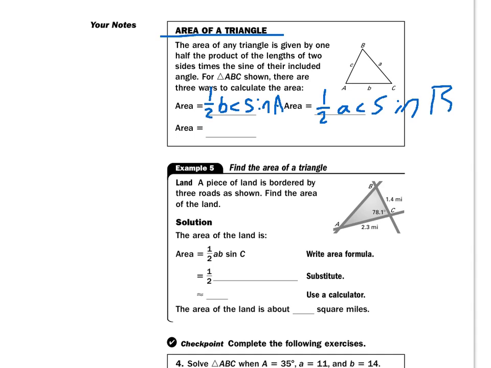B. 1/2, I have BC, I have AC, I don't have AB, sine of C. Those are the three different formulas I can use to find area.